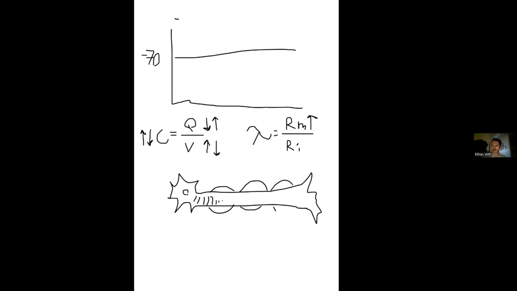And it's spreading these ion charges out. It's essentially creating this bulge on the outside of the membrane, which is nonpolar because it's just lipid.